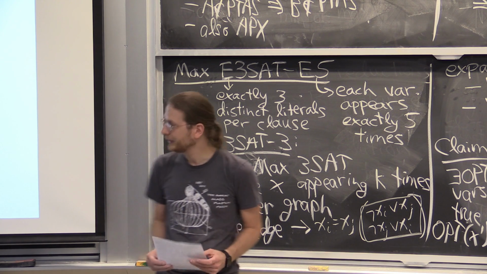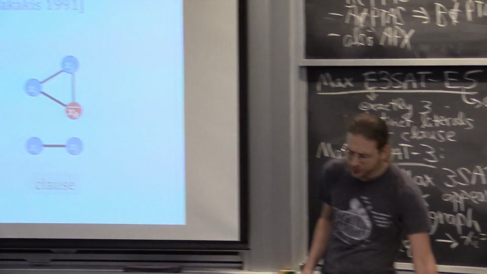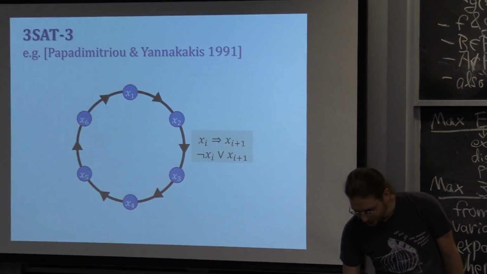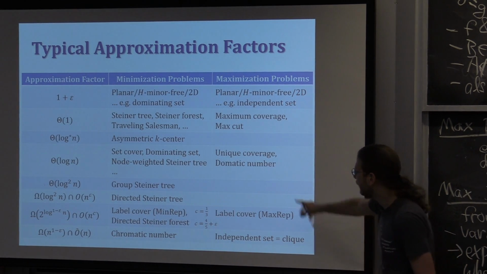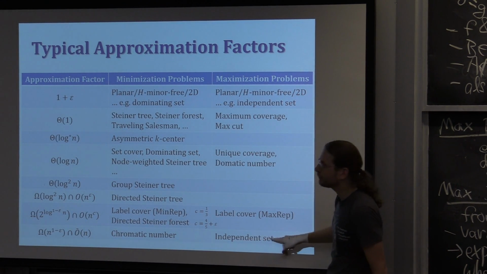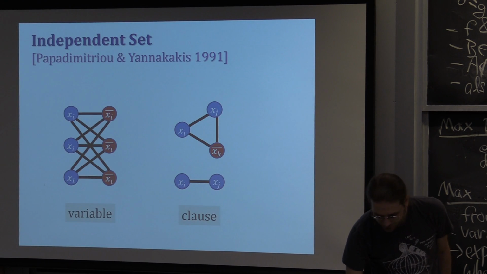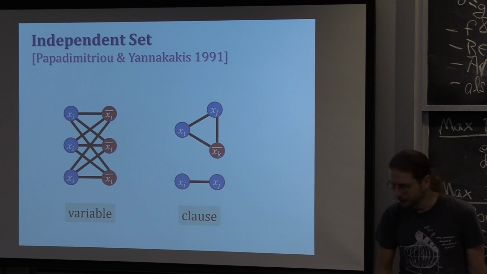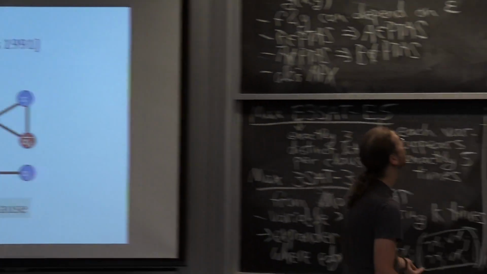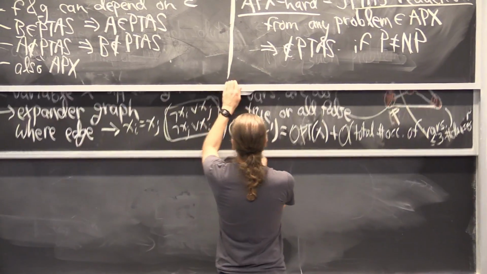Next one is independent set. Now I have to be a little bit careful here. Independent set is really, really, really hard. Okay, but an interesting special case is bounded degree independent set. So that's what I'll talk about next.